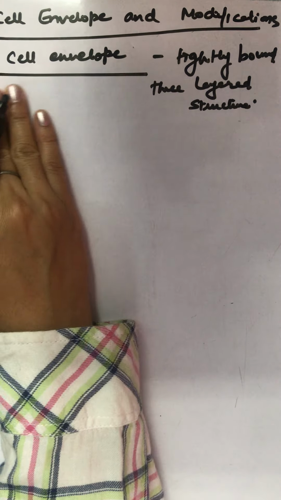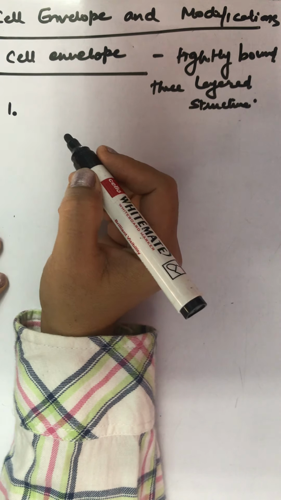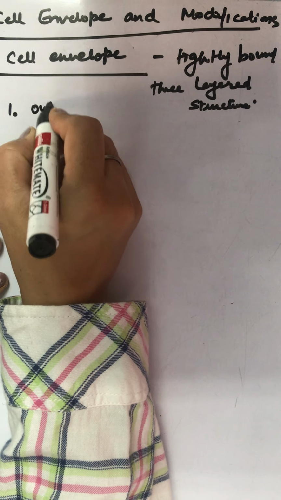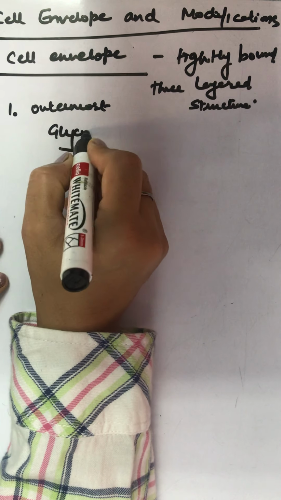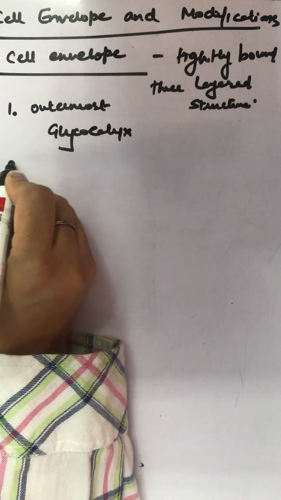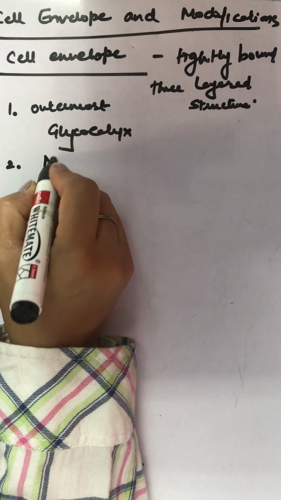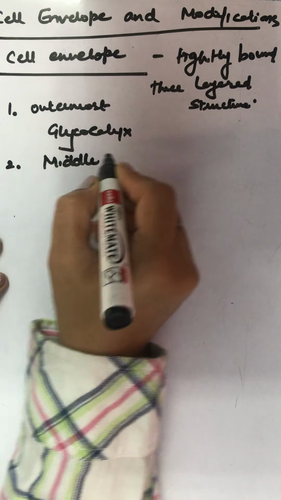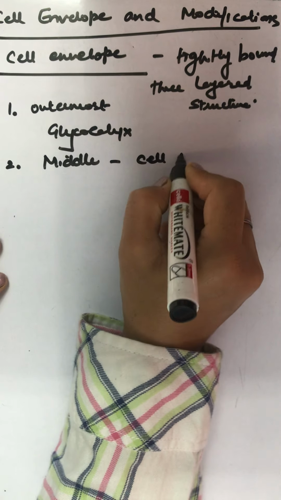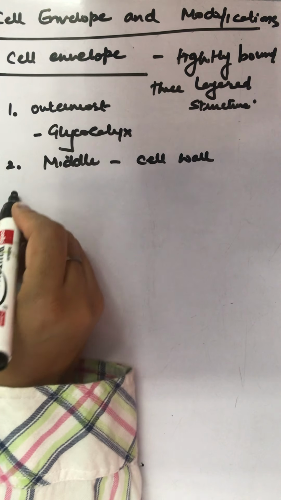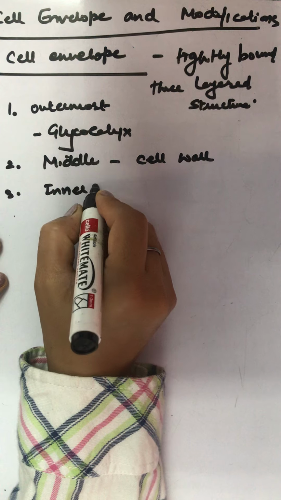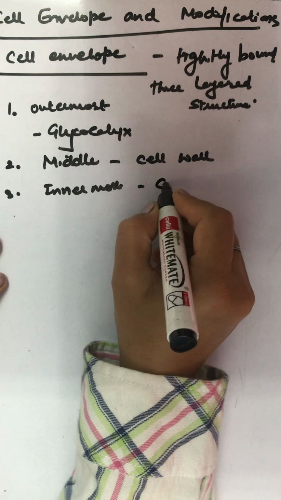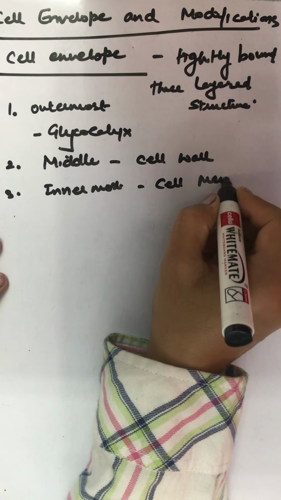So what are the three layers? The first one is the outermost glycocalyx. Second one is the middle layer, that is the cell wall. And third one is the innermost, and that is the cell membrane.